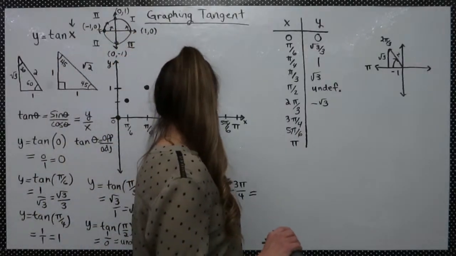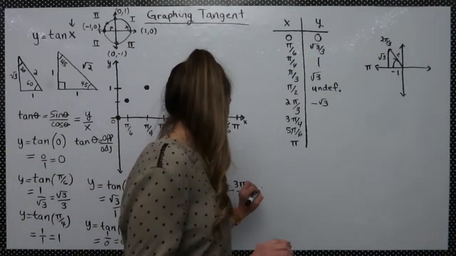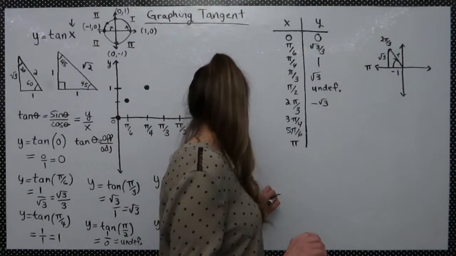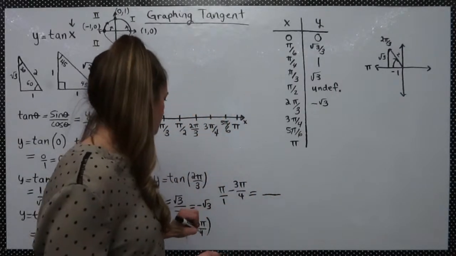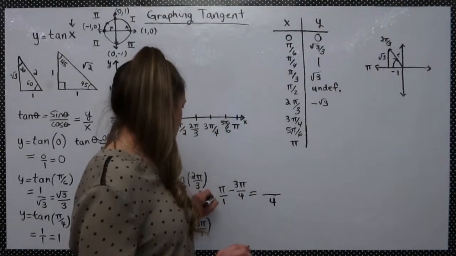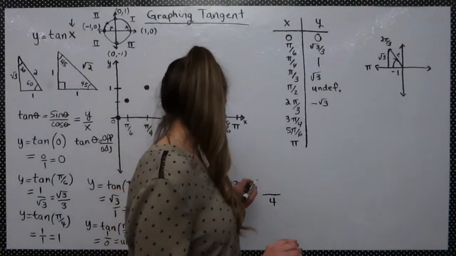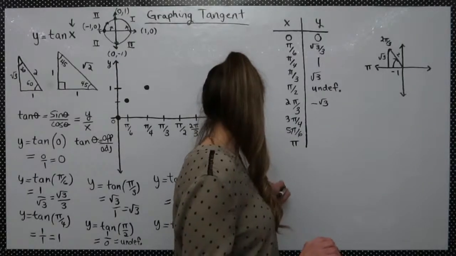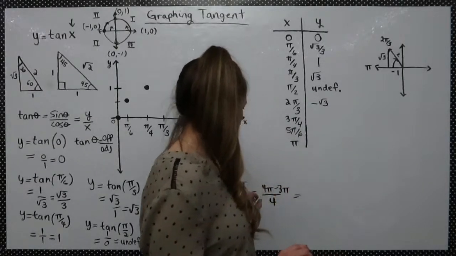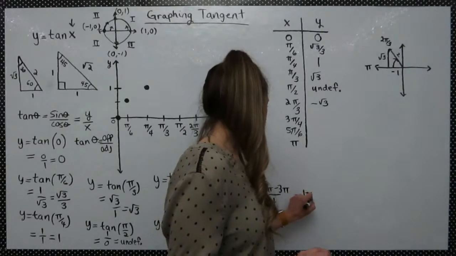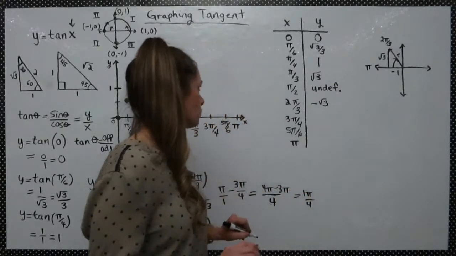All right, so I've got pi minus 3 pi over 4, and if I wanted to stay in radians this time and not convert to degrees, then I could do that. I'm still getting a common denominator of 4. 1 times 4 is 4. So that's 4 pi minus 3 pi. And that's going to give me 4 minus 3 is 1. So we have 1 pi over 4, which is just pi over 4.